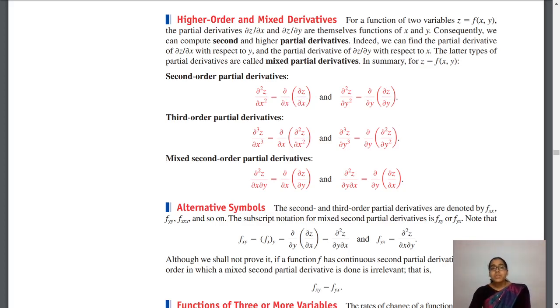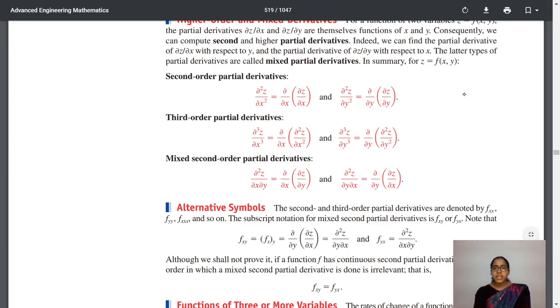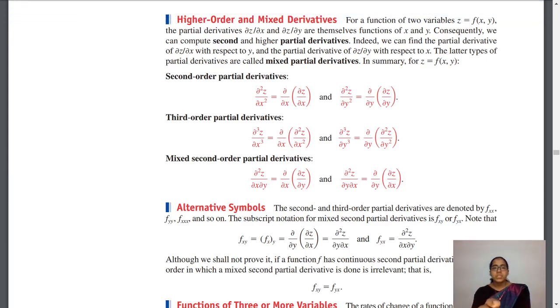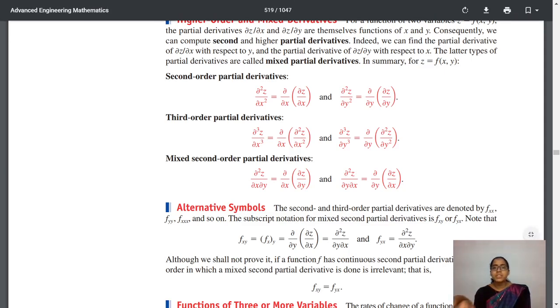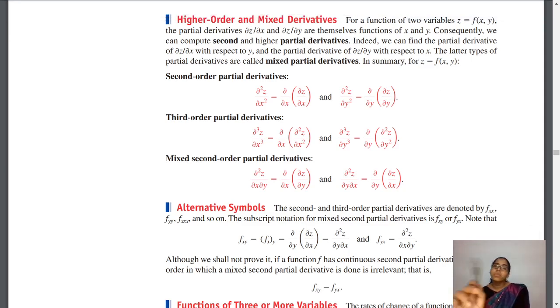Now, in terms of these partial derivatives, we can have mixed second order partial derivatives. How is that possible? We have dou z by dou x, which I stated will be a function of x and y. So we can partially differentiate this function with respect to y also. That is, dou z by dou x is a function of x and y, and we partially differentiate it again with respect to y.